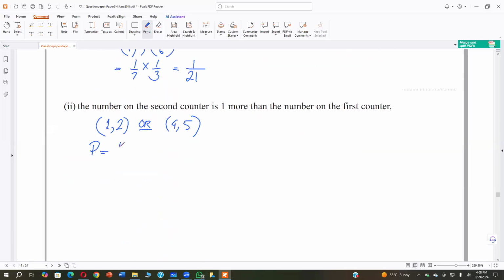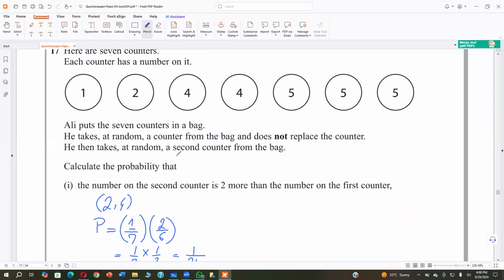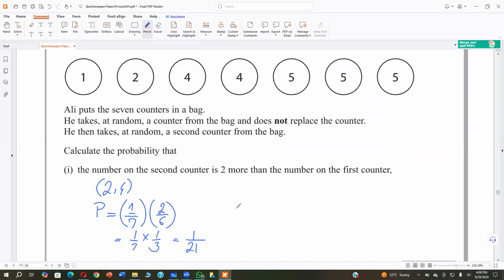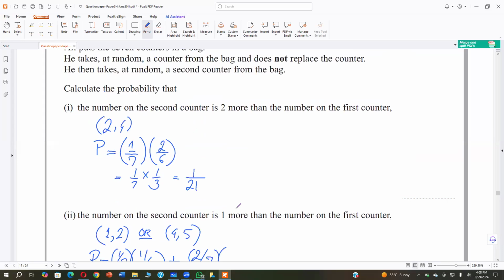So I think it will be 1 upon 7 into 1 upon 6 plus, there are 2 counters with 4, 2 upon 7, and 3 counters with 5.